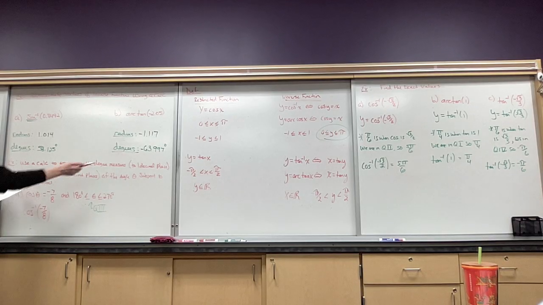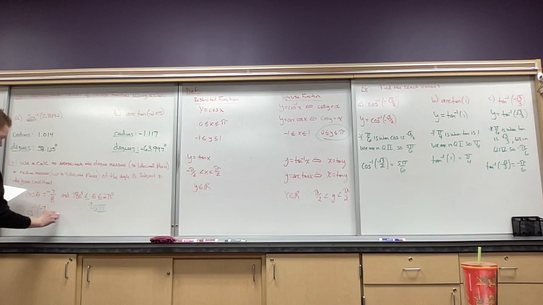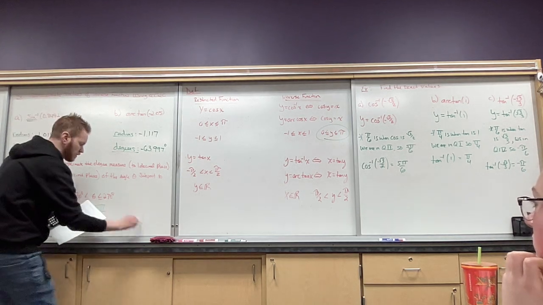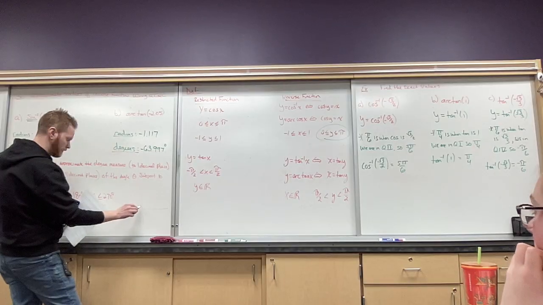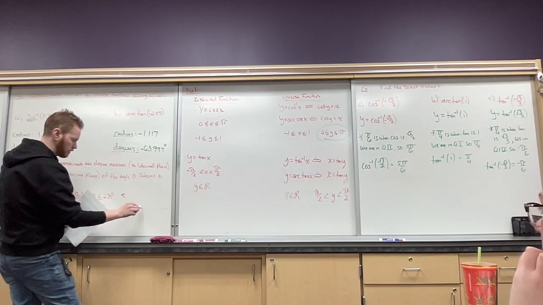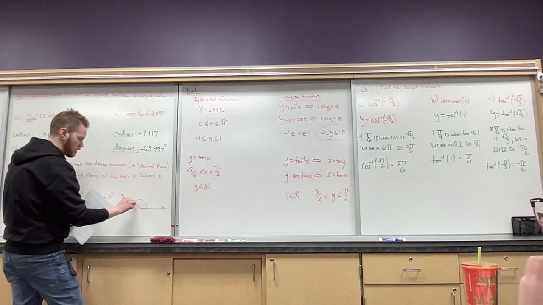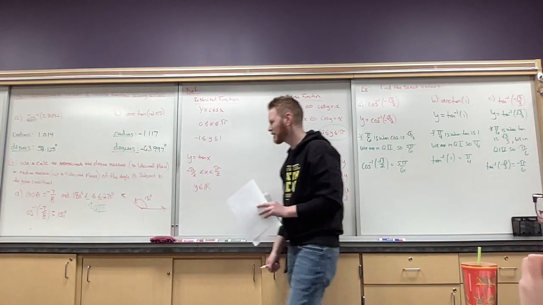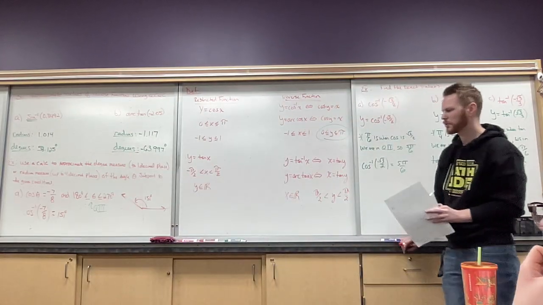And we're going to do 1 decimal place, so we get this to be roughly 151 degrees. Now let me draw a quick picture, just to have a visual so we know what we're doing.